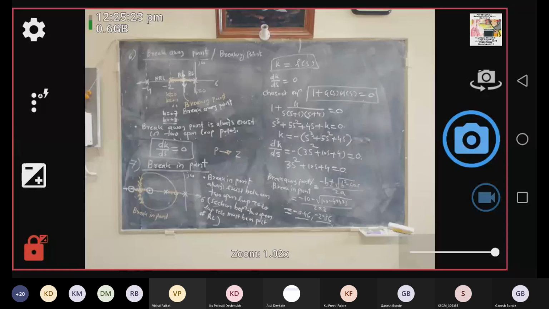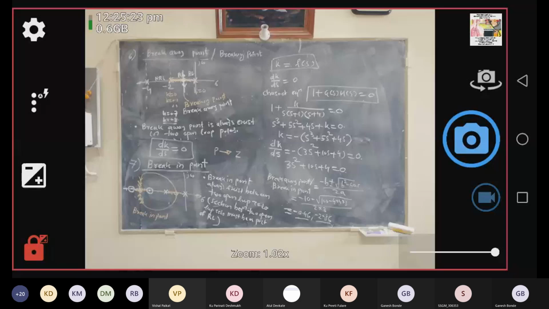So what is the meaning of angle of departure or angle of arrival? You just note down the meaning. The angle of departure is related with the complex conjugate poles.